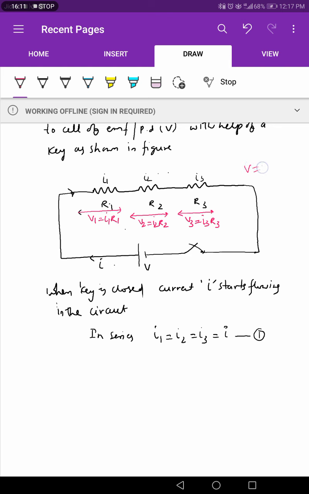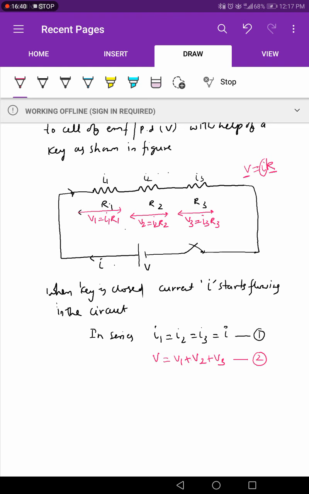From Ohm's law we can write V is equal to IR. So potential drop depends on the resistance also. Even though the current remains the same, the resistance is not the same. So across the resistor with more resistance, the potential drop will be more. So V is equal to V1 plus V2 plus V3.